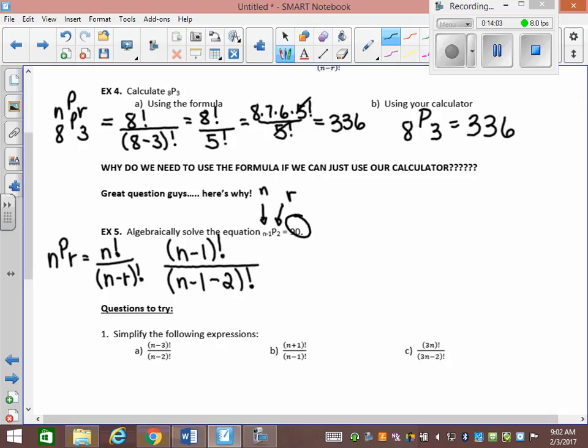Factorial equals 90. Now we can put the bottom together. So we get n minus 1 factorial over n minus 3 factorial equals 90.